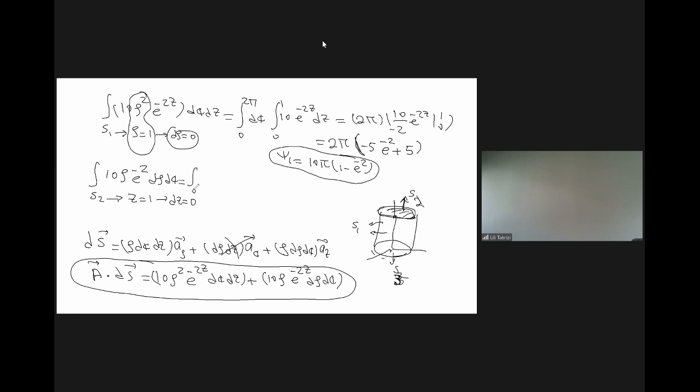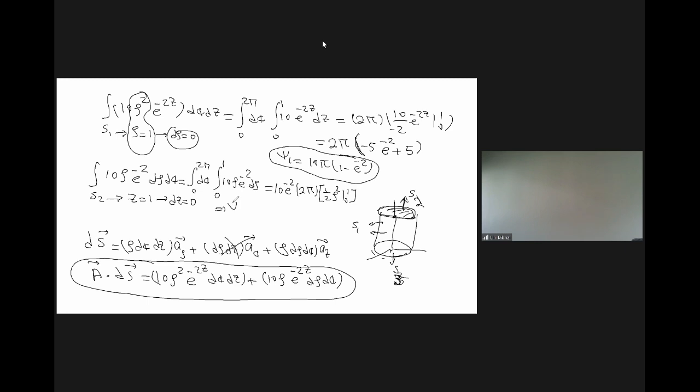Again, separate. For phi, from 0 to 2 pi d phi. For rho, from 0 to 1, 10 rho e to the minus 2 d rho. This is equal to e to the minus 2 and 10, they're all constant. So you have 10 e to the minus 2 times the integral of d phi from 0 to 2 pi, which is 2 pi, multiplied by rho d rho, 1 half rho squared from 0 to 1.